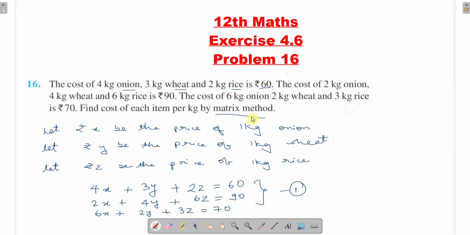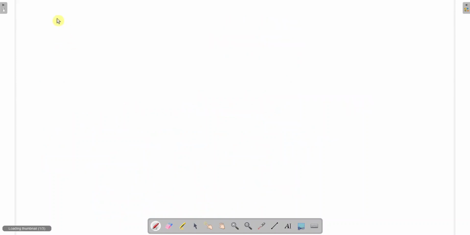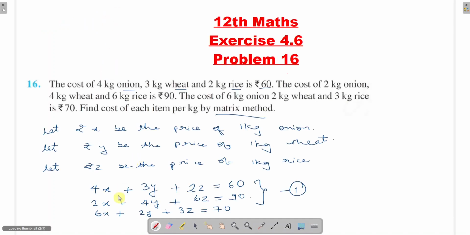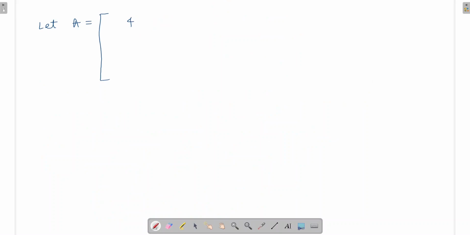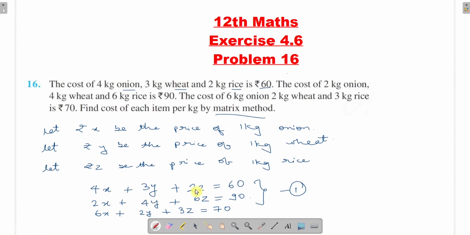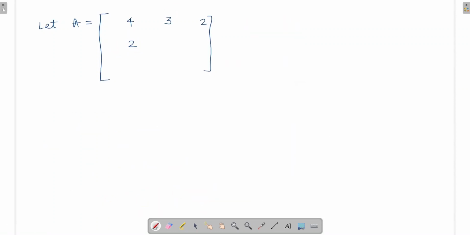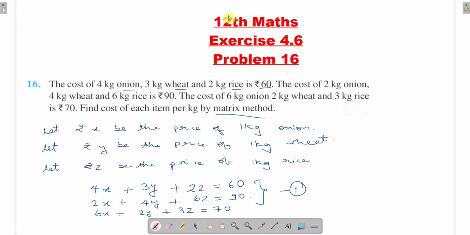Now we have to solve the system of equations by matrix method, to find the cost of each of the items. So what we will do is let some matrices here. Let matrix A be equal to the coefficient matrix. So what we will get: 4 3 2, then 2 4 6, then 6 2 3.